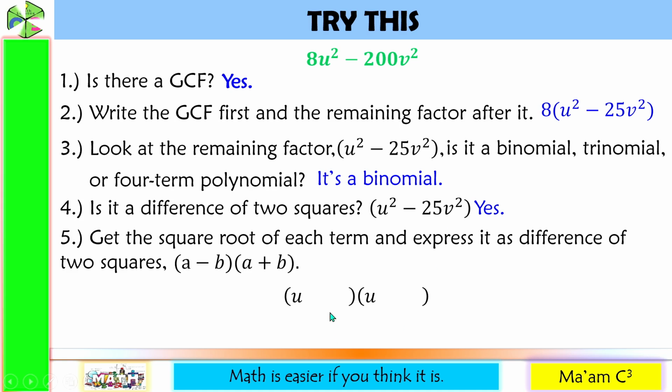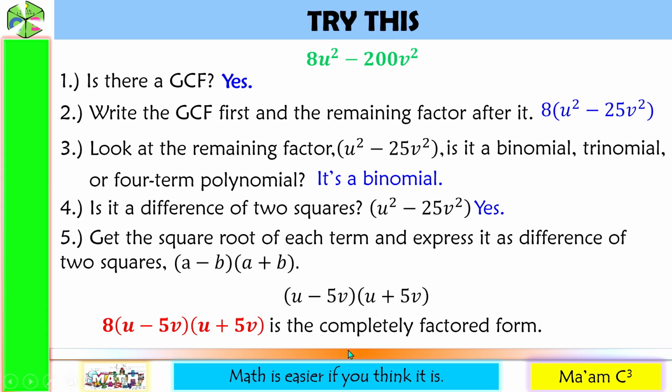So we're going to write 5v here and another 5v here. And then we're going to attach the minus and plus sign in these terms. So let us copy this, and do not forget our greatest common factor, which is 8. This is now the completely factored form of 8u squared minus 200v squared.